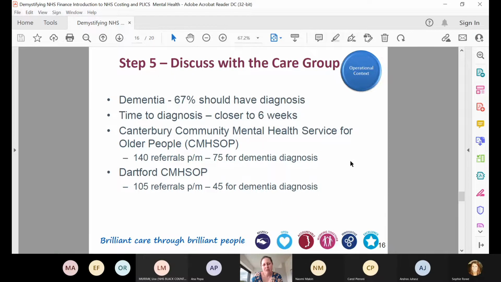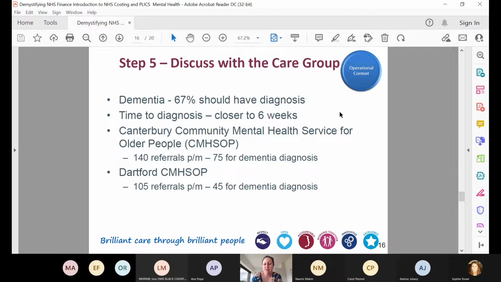And then step 5, and most importantly, it was about taking this data and sitting down with key members in the care group. So they were able to provide us with the operational context that sits alongside this. So they were feeding through to us, for example, dementia, we should be having a 67% diagnosis rate. So how do we think about that with our patient pathways?